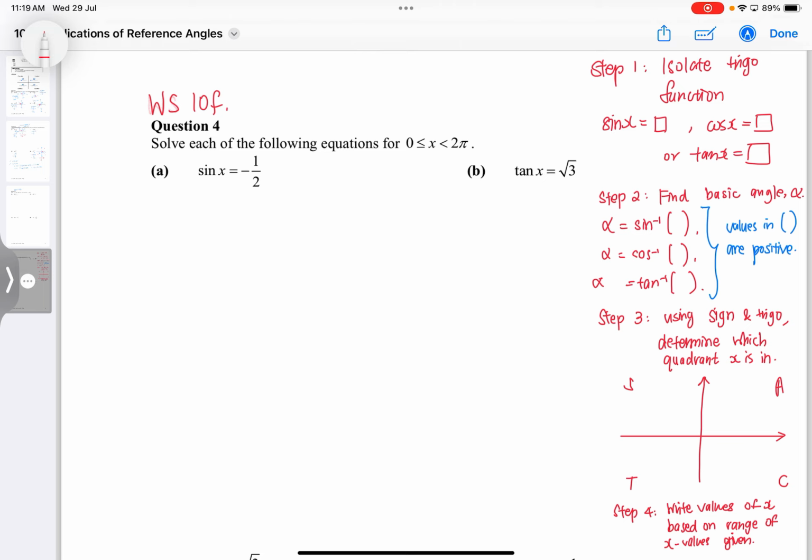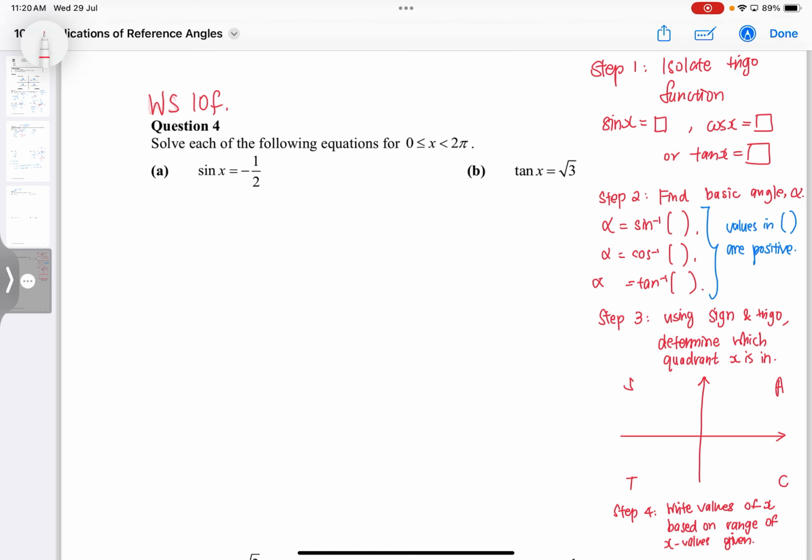Okay, so these are the 4 steps. And it will be the same no matter what we do today. So today we're going to practice this intensively. Let's look at the first question, part A, and try to apply this. Solve the following questions for x from 0 to 2 pi.